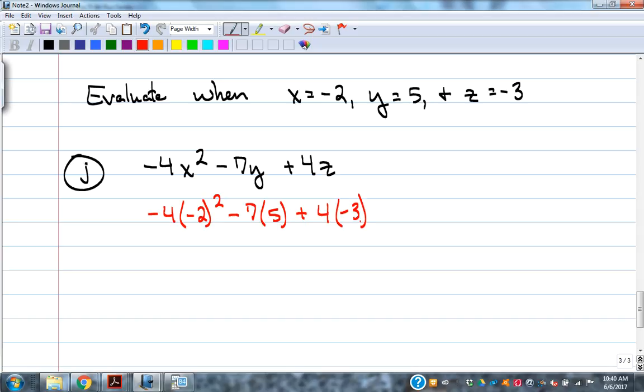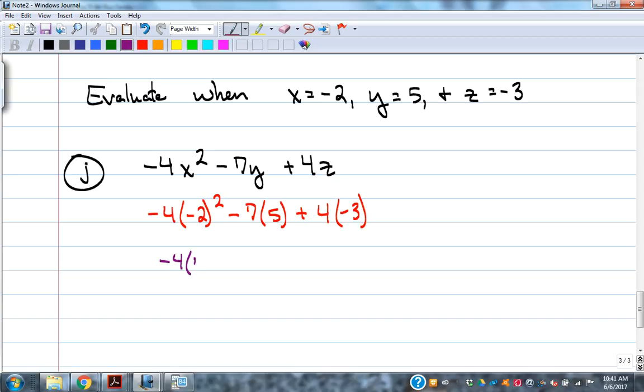Get into that habit. Whether you're using the calculator or not, if you put them in parentheses, that'll save you some headaches, because if you don't use parentheses when you put the -2 in there, it could cause a sign error. Not really affected on the other two pieces, but here, when we have an exponent, for sure, the parentheses matter.